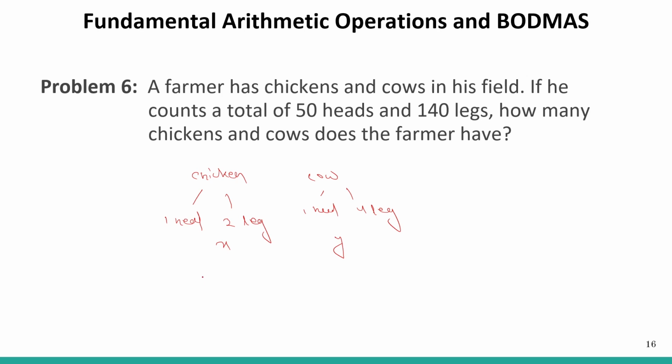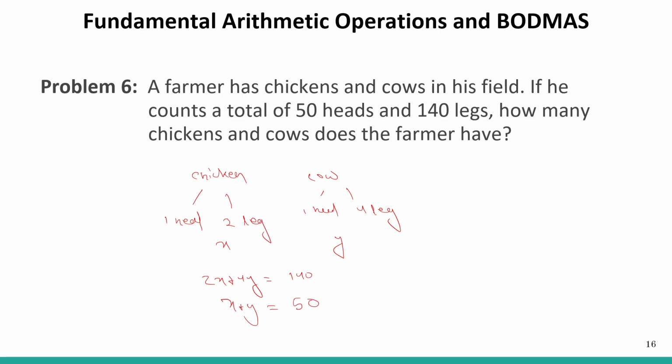So the number of legs is 2x plus 4y, which is equal to 140, and the number of heads is x plus y, because both have only one head, which is equal to 50.